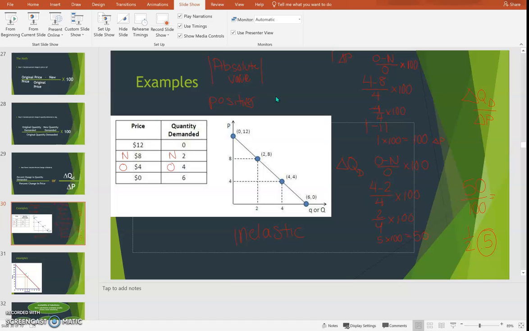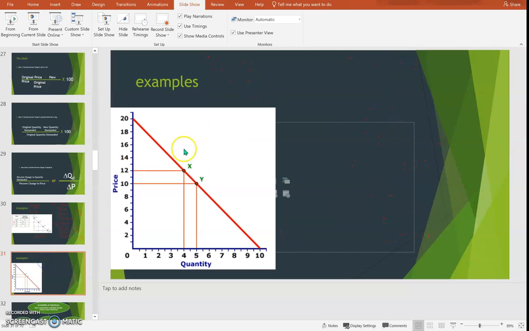Okay, this is math terms here. So we're going from x to y in this example here. That makes our original price, we're going to go from $12 down to $10.